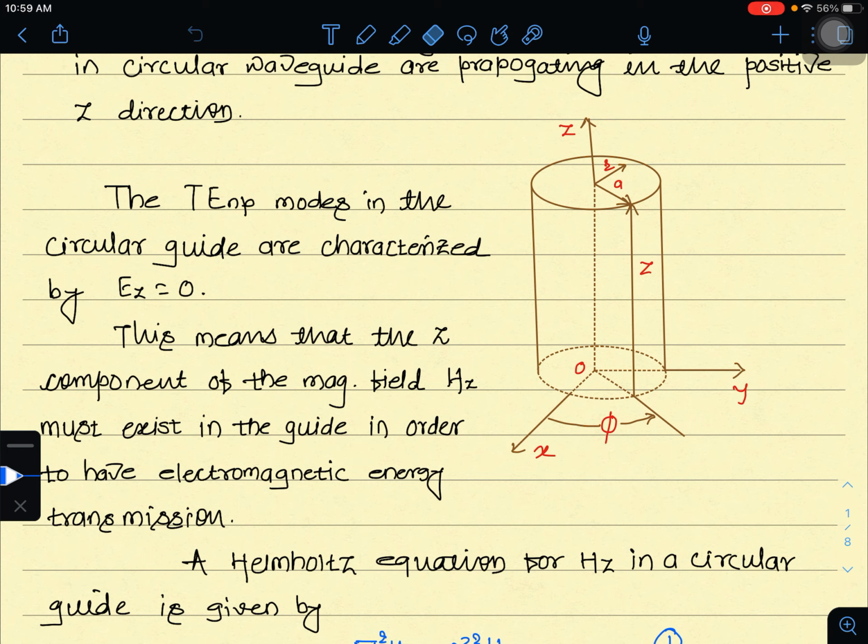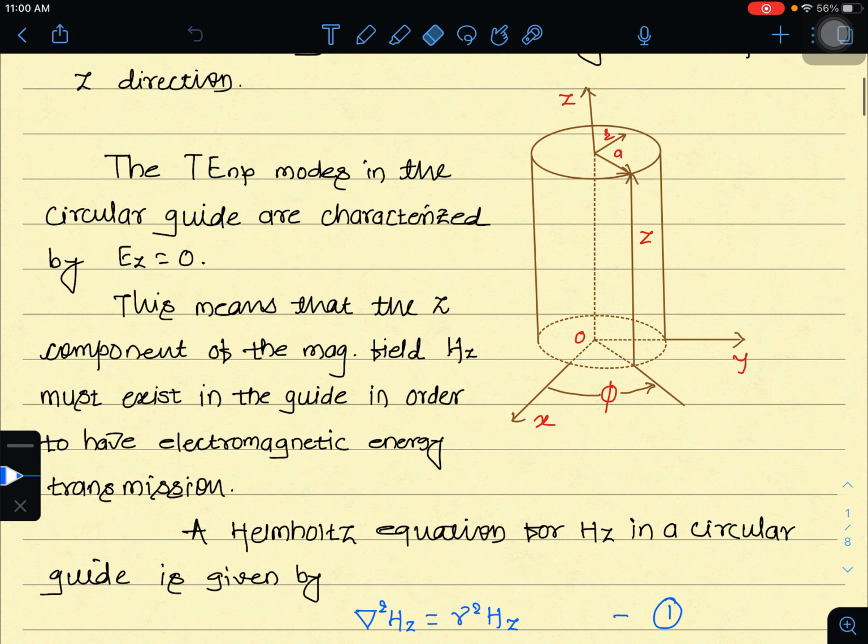In this diagram, we are assuming that the wave in the circular waveguide propagates in the positive z direction.